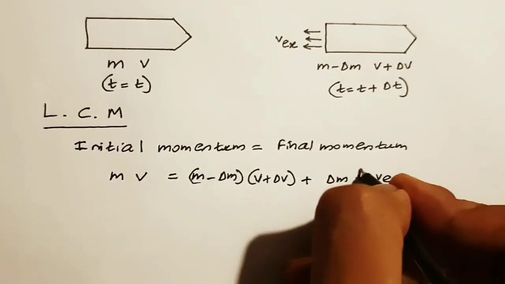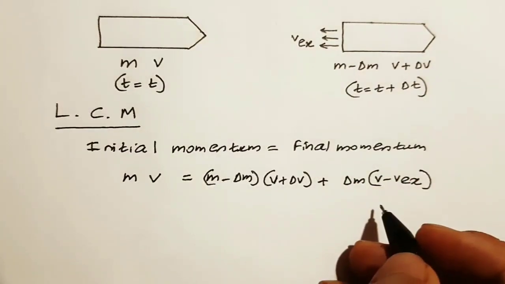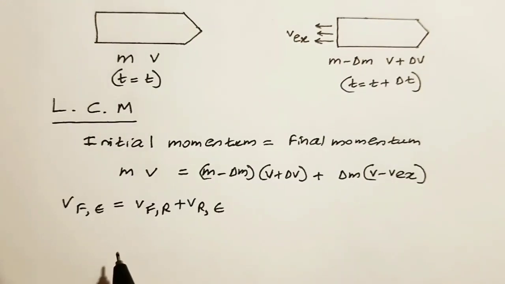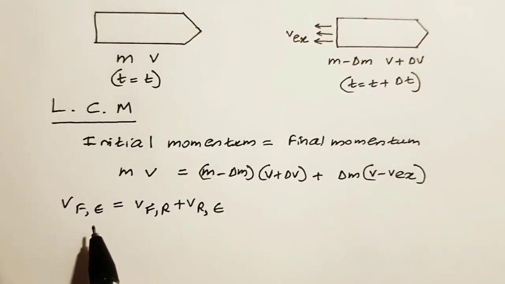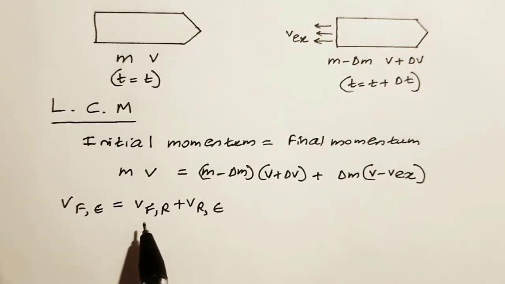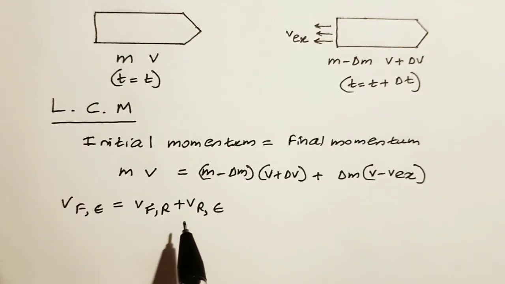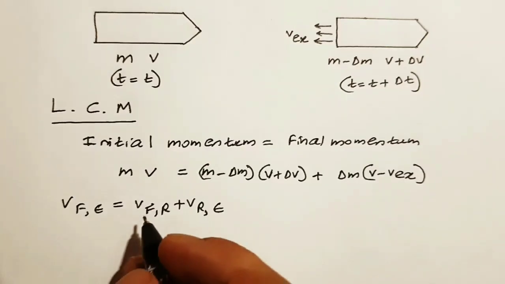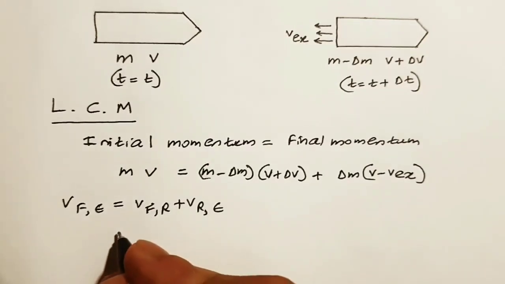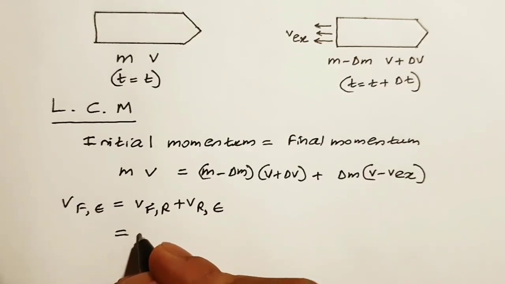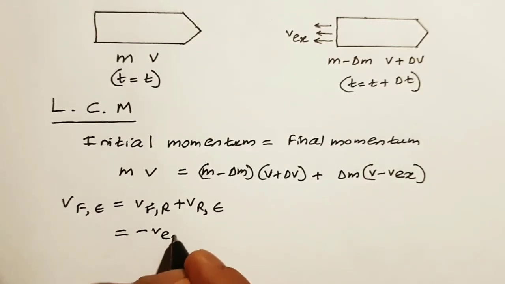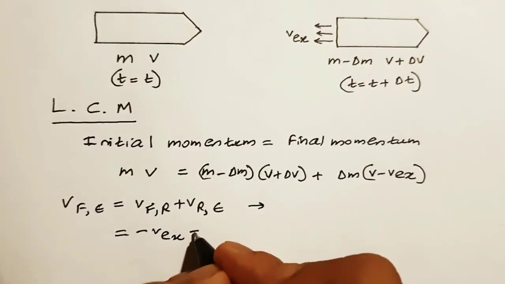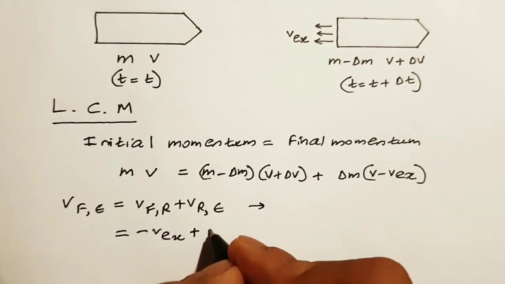v exhaust. Now you must be wondering why this term is v minus v exhaust. Here we know that the velocity of the fuel relative to the earth is equal to the velocity of the fuel relative to the rocket plus the velocity of the rocket relative to the earth. The fuel relative to the rocket velocity is minus v exhaust in this direction, and the rocket relative to the earth velocity is v.